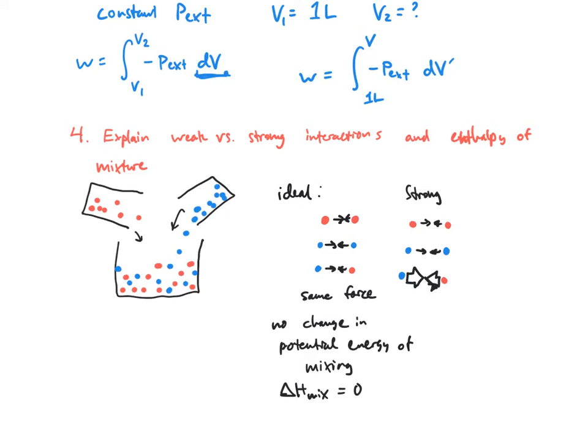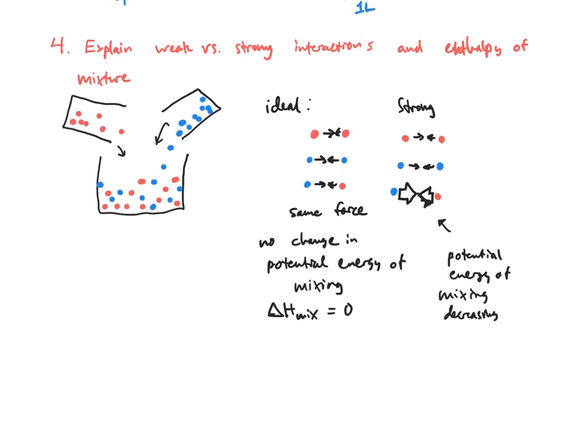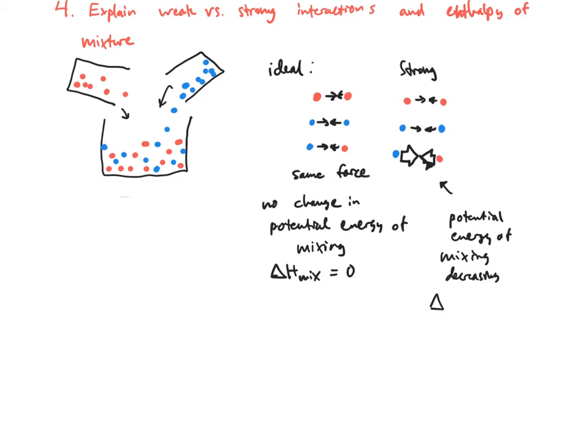like so. And so, in this particular case, the potential energy of mixing is going downhill of a sort, so it's decreasing because it's favorable for those two substances to be mixing.